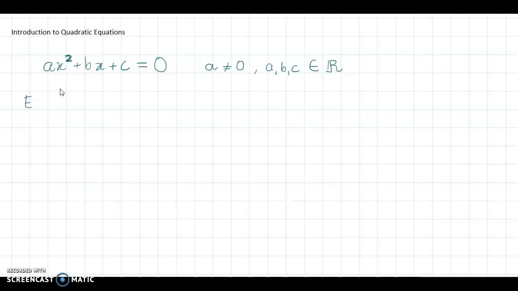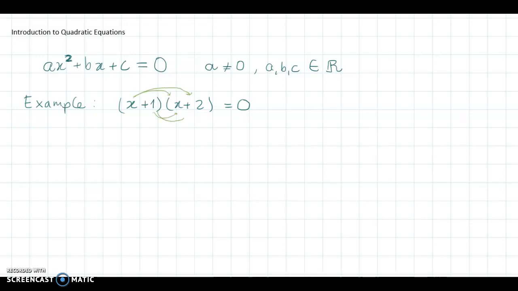For example, I'm going to write here a quadratic equation that is not looking exactly like this at the beginning, but we can write it like this. Let's say (x plus 1) times (x plus 2) is equal to 0. It doesn't exactly look like my definition, but we can apply the distributive property.